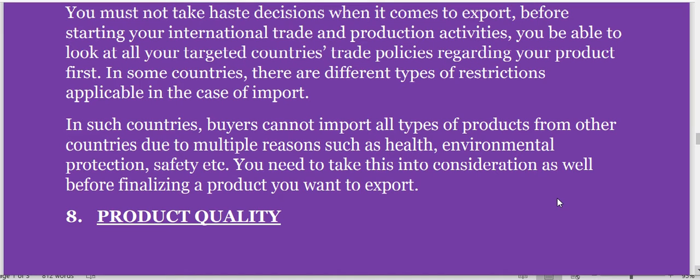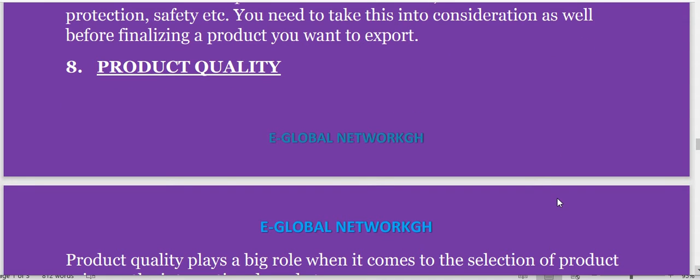Now, in such countries of restriction, buyers cannot import all types of products from other countries due to multiple reasons such as health, environmental protection, safety, etc. So you need to take this into consideration as well before finalizing on a product you want to export.